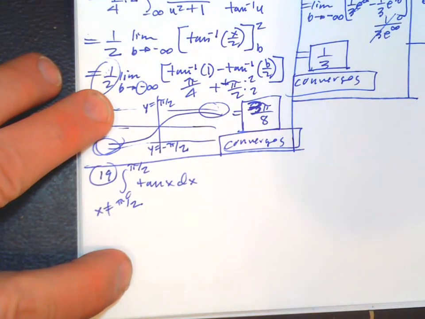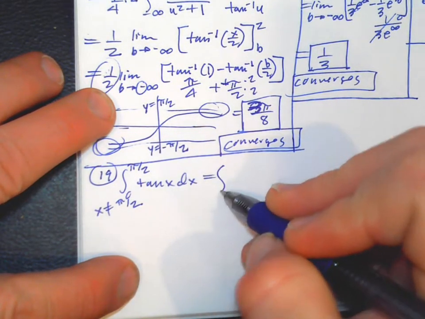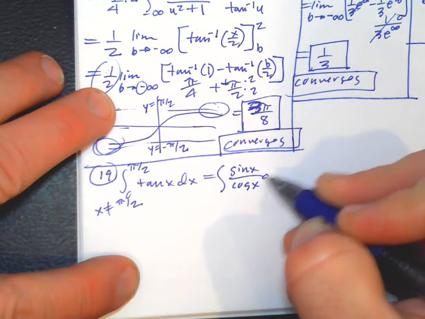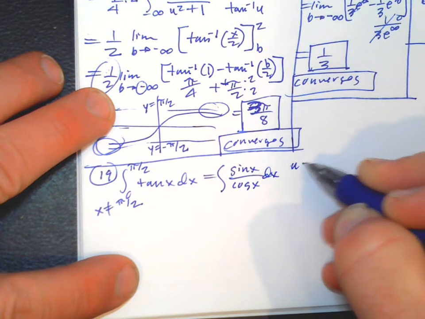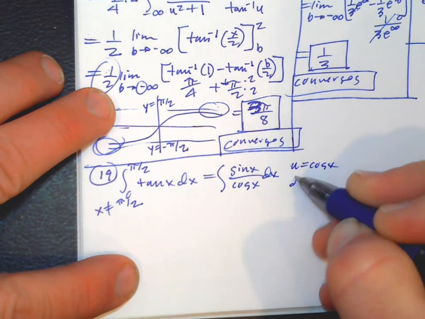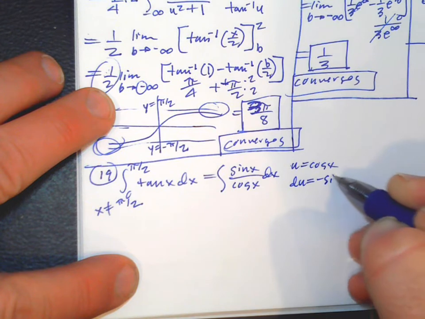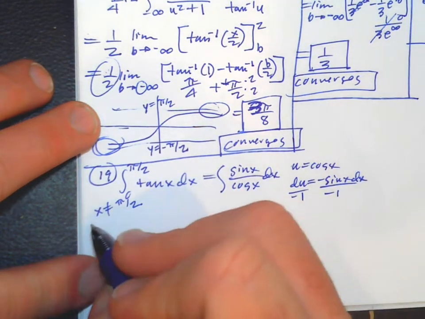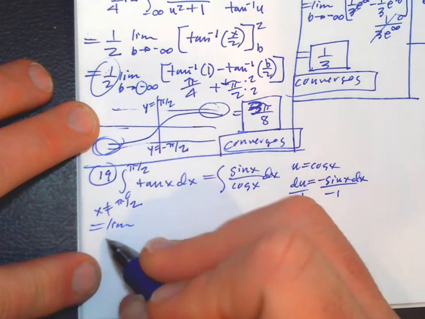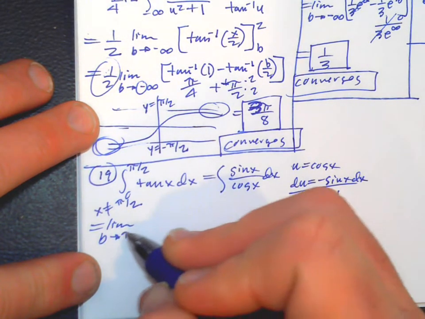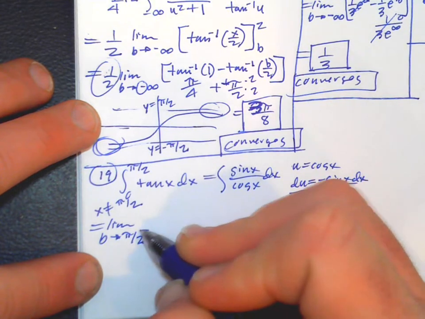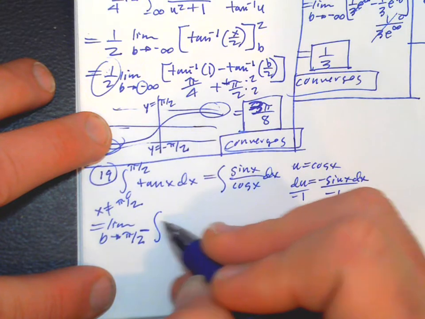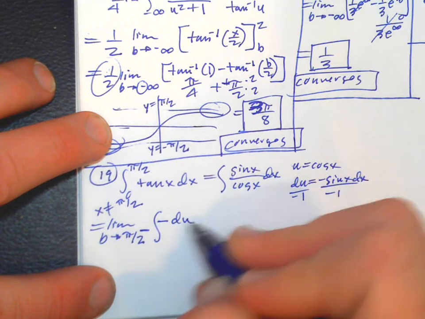We also have to integrate this. It's not secant squared. You should probably think of it as sine over cosine and do u substitution. u equals cosine x, du equals negative sine x dx. I don't want the negative. So this is going to be the limit as b approaches pi over 2 from the left-hand side, and this is going to be negative du over u.